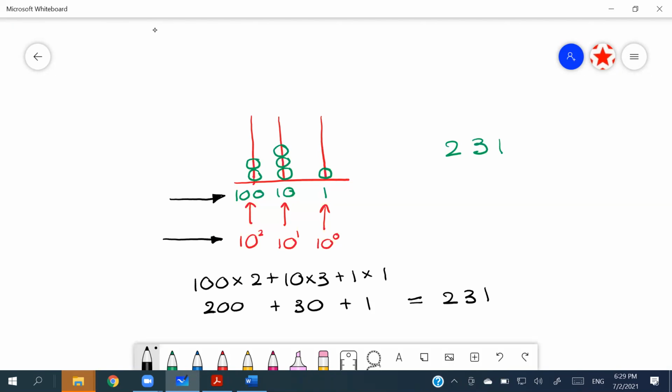If we are talking about the binary number system, we should have 2 to the powers because the base of the binary number system is 2. If we are talking about the octal number system, these places should be described in 8 to the powers. If we are talking about the hexadecimal number system, these places should be described as 16 to the powers, right?